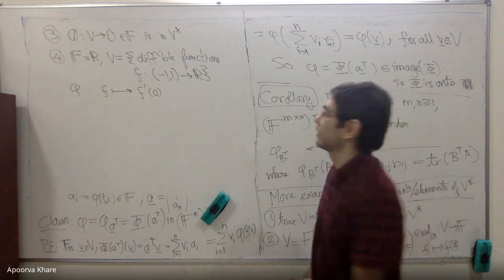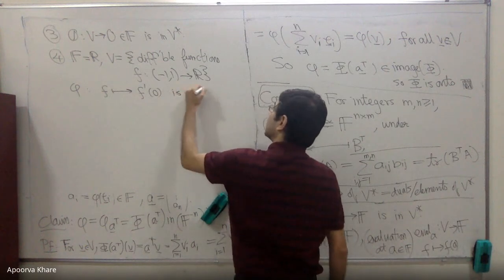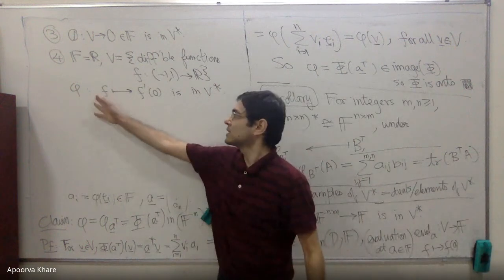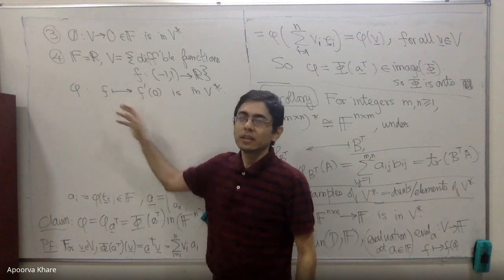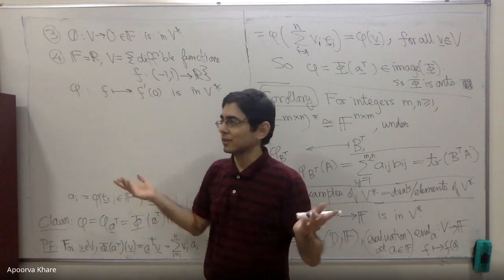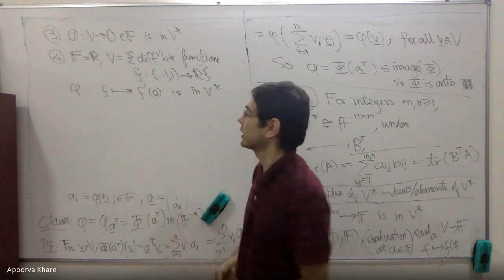I claim this is a linear function. Why? Because again, you can just take a look. phi of cf plus g is the derivative of cf plus g at 0, but that's the sum rule of differentiation.